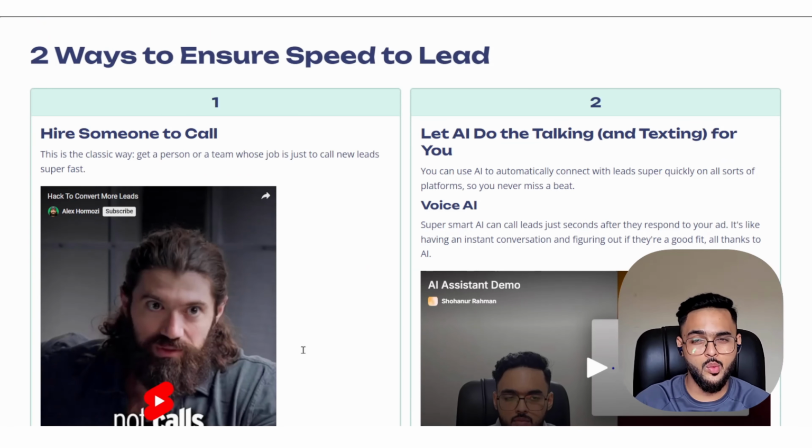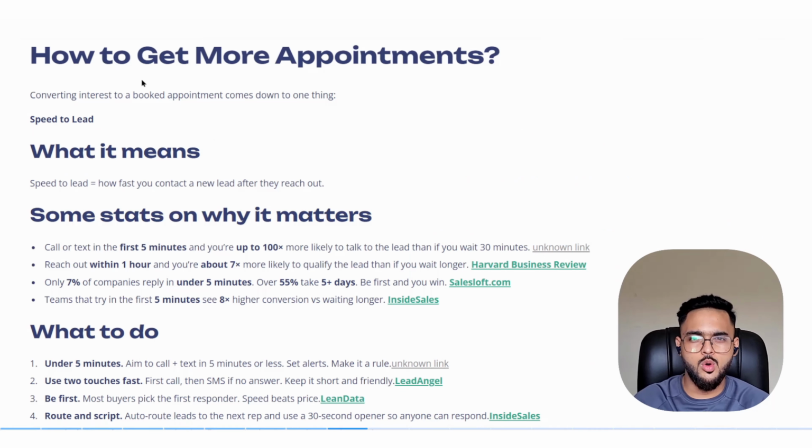Because you might be thinking, well, if you are anything like me, you don't want to be working in their business and you would rather spend more of your time working on the business. As a business owner, you're already really busy. So how do you convert someone who has raised their hand and shown interest into a booked appointment? What you should be aiming for is to contact someone within 5 minutes.